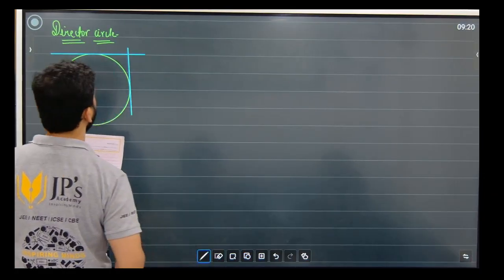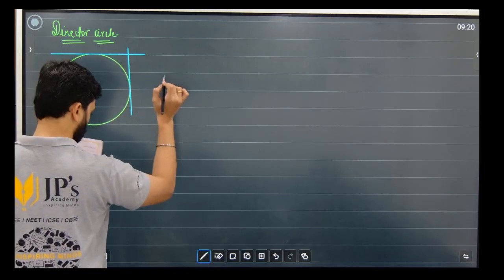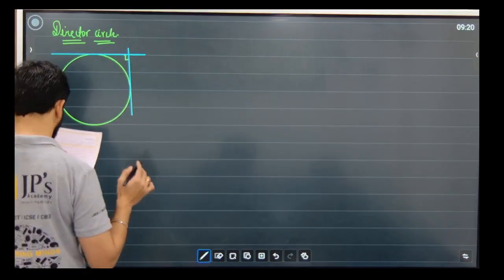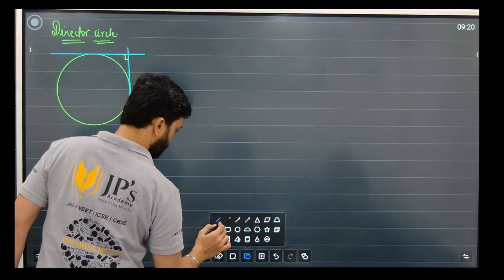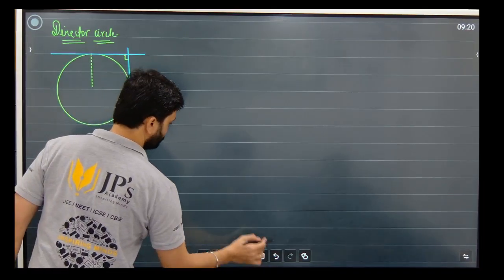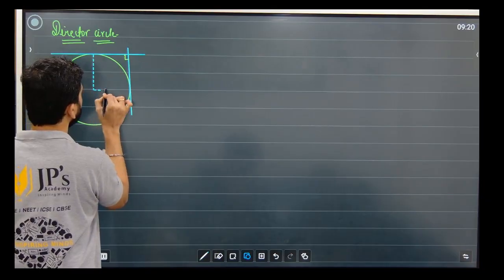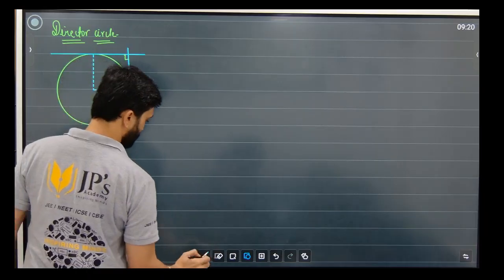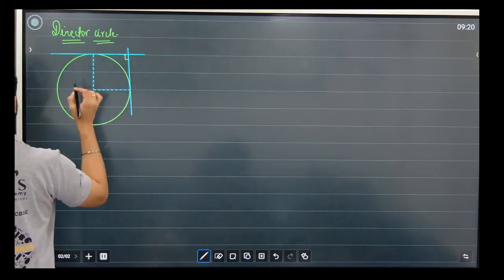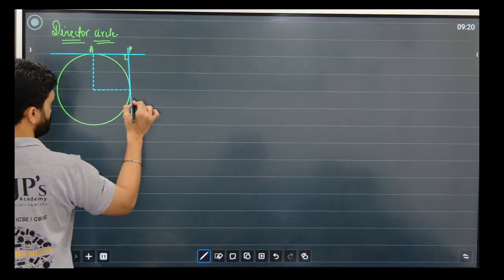P is the point of intersection of mutually perpendicular tangents.